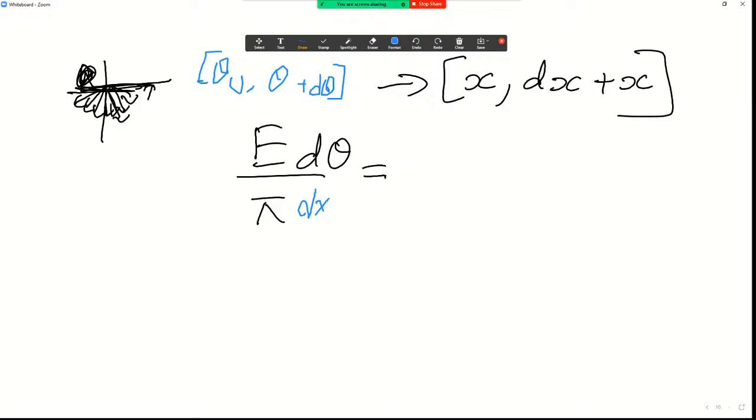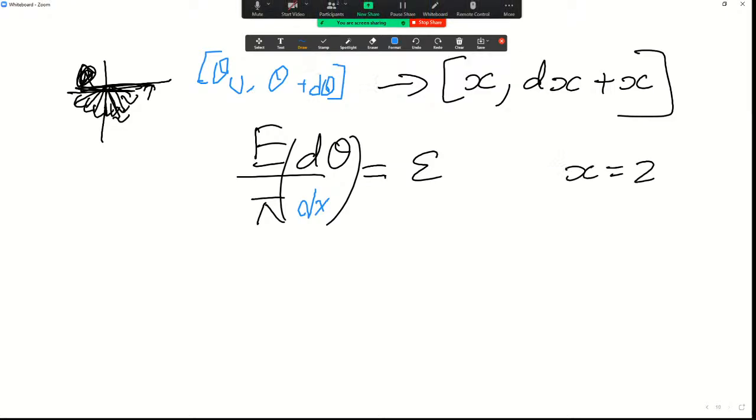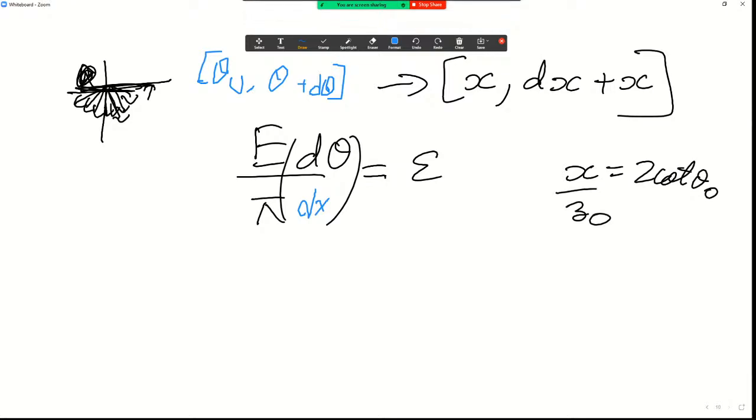Yes, so epsilon times dx equals the energy here. So we just have to find d theta by dx, and we can use our formula, x equals 2 z naught cot theta naught. So we can differentiate this.